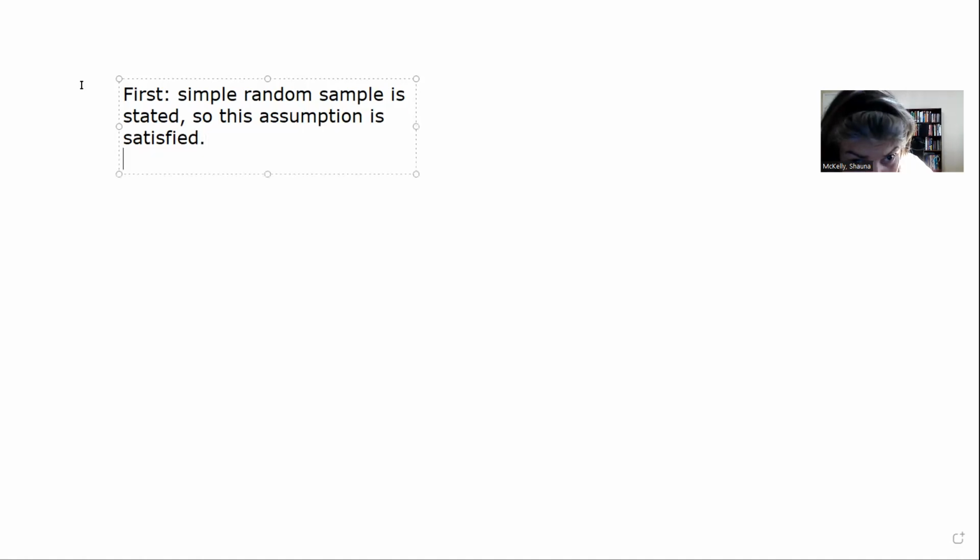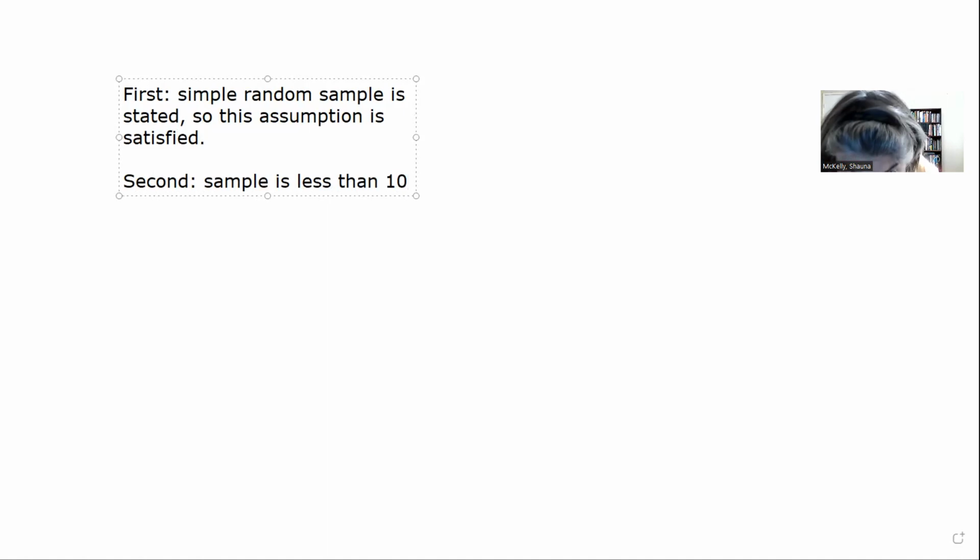Number 2, the second assumption is that 10 times our sample size is smaller than our population. In other words, the sample is less than 10% of the population. So let's take a look.